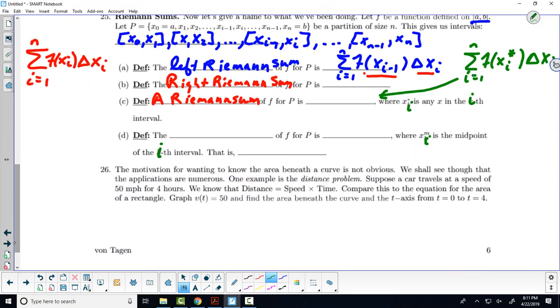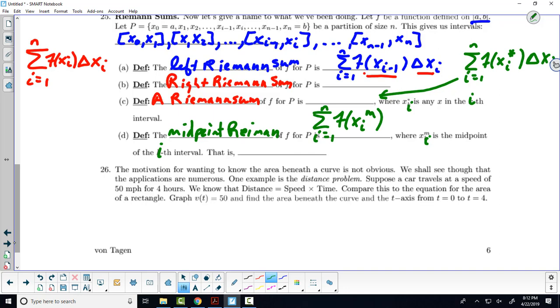Then I'll just give you the midpoint Riemann sum. It's the same summand, everything's exactly the same. The sum from i equals 1 to n of f of x i, and then our author puts an m there, m for midpoint.